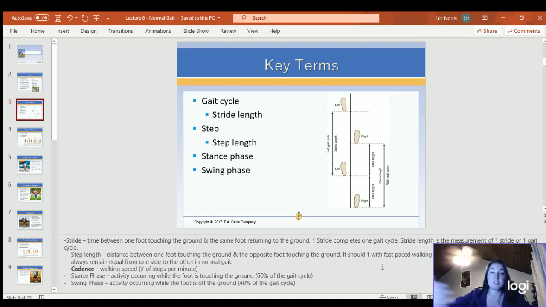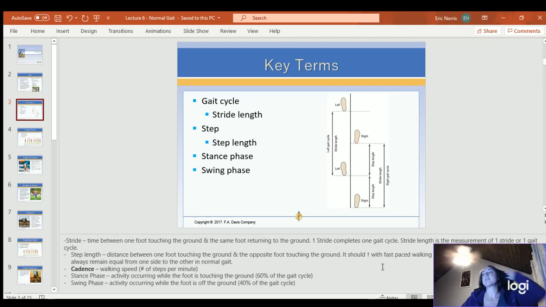You'll widen your step. Slower walking, you typically decrease your step length and take smaller steps, but the step length from the right side to the left should be equal with normal gait. Typically, if one step is smaller or shorter than the other, then it is an abnormal gait.